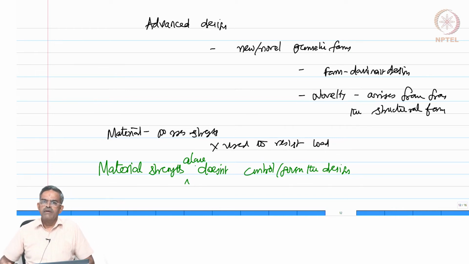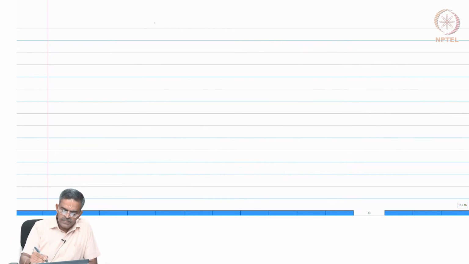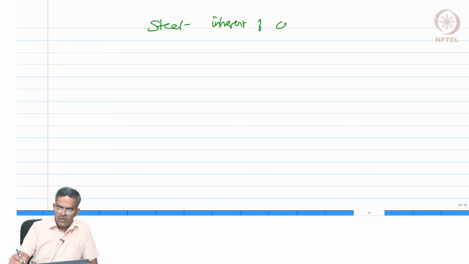However, when we talk about steel for such complicated or advanced application, steel has got a very major problem of corrosion. Steel has got an inherent problem of corrosion.